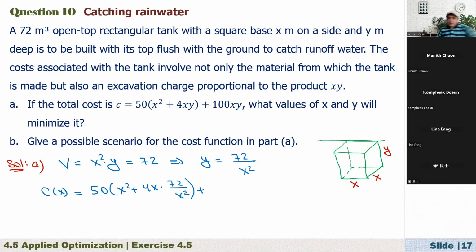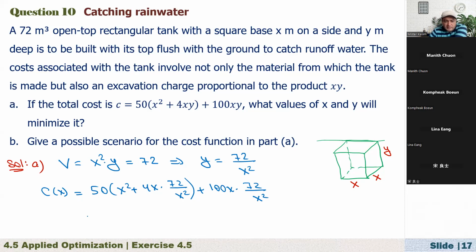Okay, nothing is wrong. Just to emphasize, this cost and also digging the ground, I think that's why they didn't combine this. So here we have 100x times y. What is y? It is 72 over x squared.